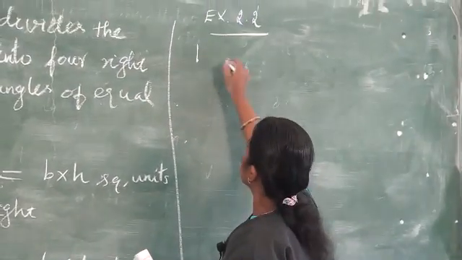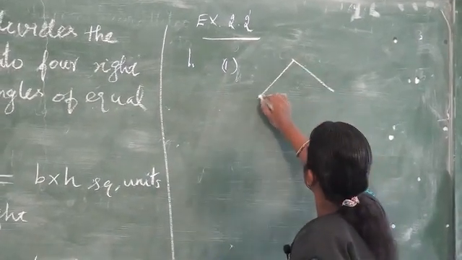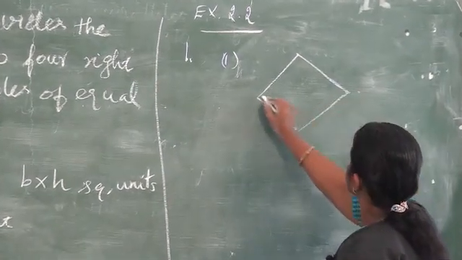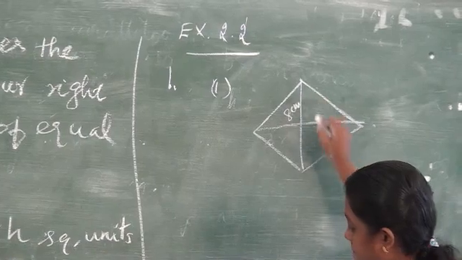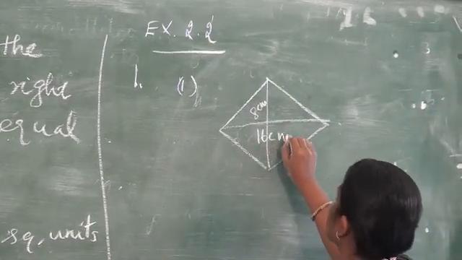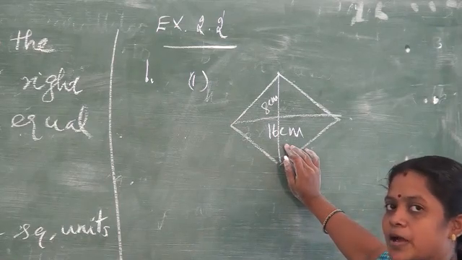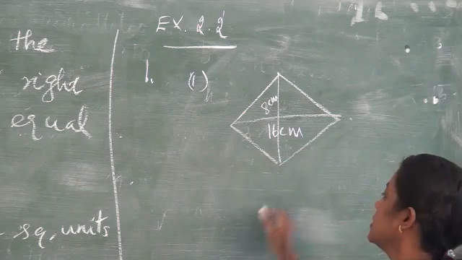The first option is given to us. So diagonals are given, we have to find the area of a rhombus. If diagonals are given, what is the formula for finding the area of your rhombus?